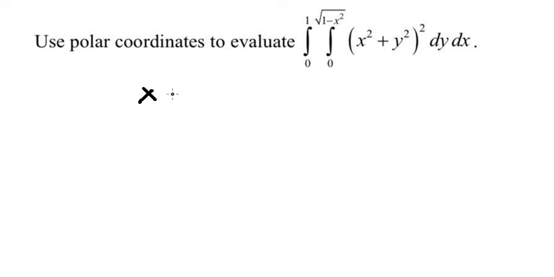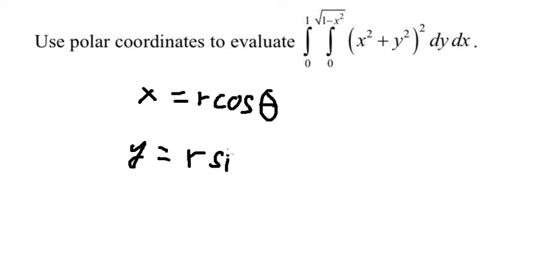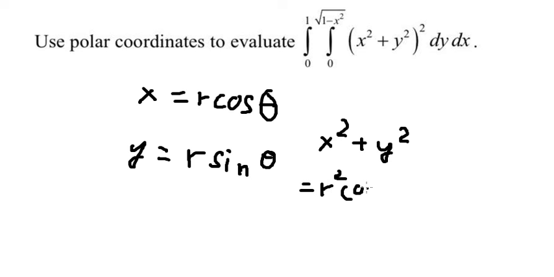I will put x equal to r cosine theta, y equals r sine theta. And we know that x squared plus y squared should be r squared cosine squared theta plus r squared sine squared theta.